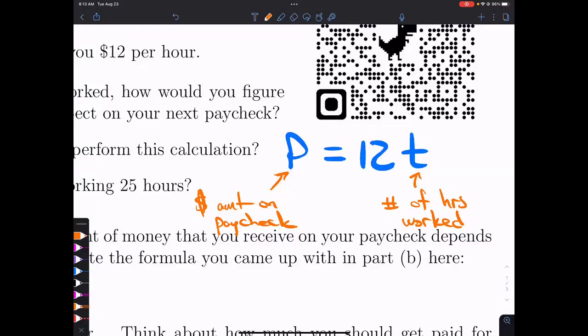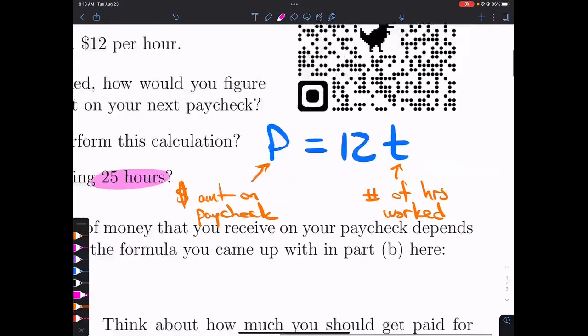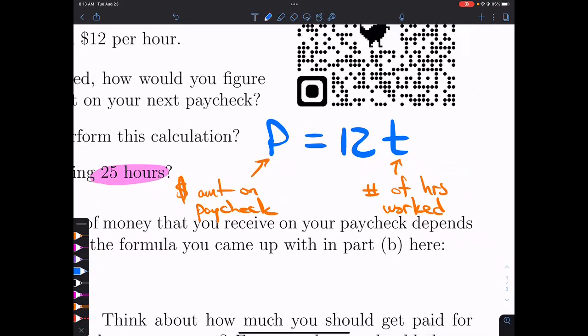We figured out, okay, if you worked 25 hours, part C in that first example, how do you figure out how much you should get paid? Multiply, yeah.